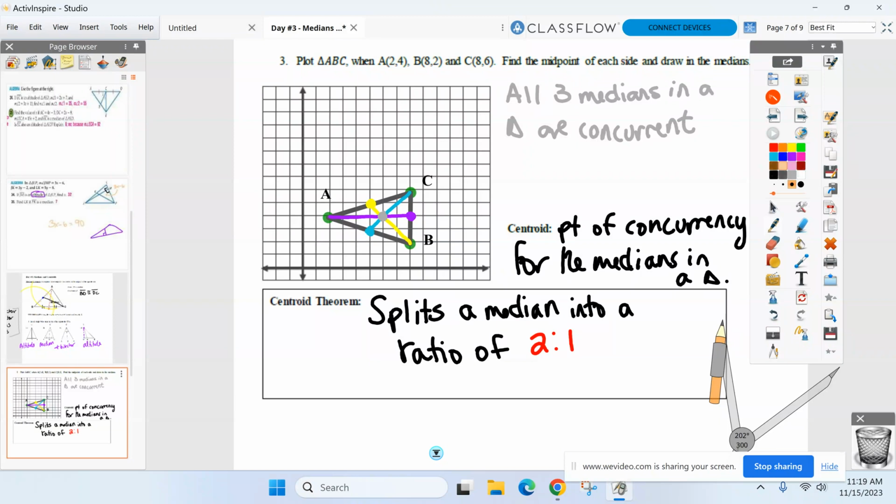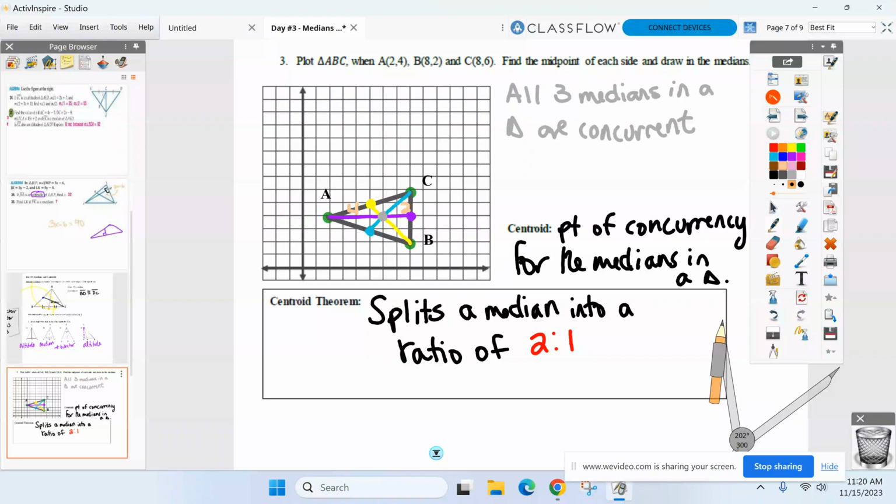Here's what I mean by it splits every median into a ratio of 2 to 1. We'll make this easy. Look at the horizontal median. What is the length from the vertice to the centroid of that median? 4. And what is the length of the centroid to the midpoint of the opposite side? 2. Everyone see what I mean by 2 to 1?